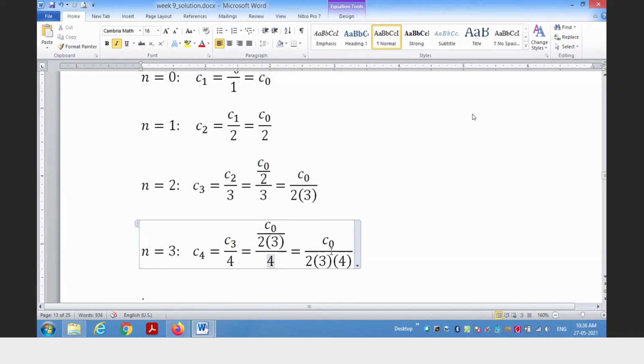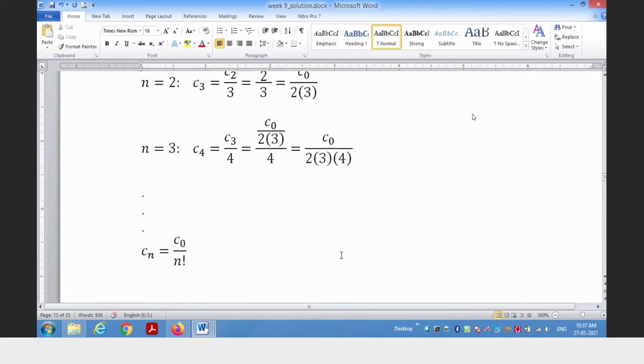Simplify this, we have C0 over 2 times 3 times 4. If you observe this carefully, C0 over 2 times 3 will be C0 over 3 factorial, and this one, C0 over 2 times 3 times 4, will be C0 over 4 factorial.